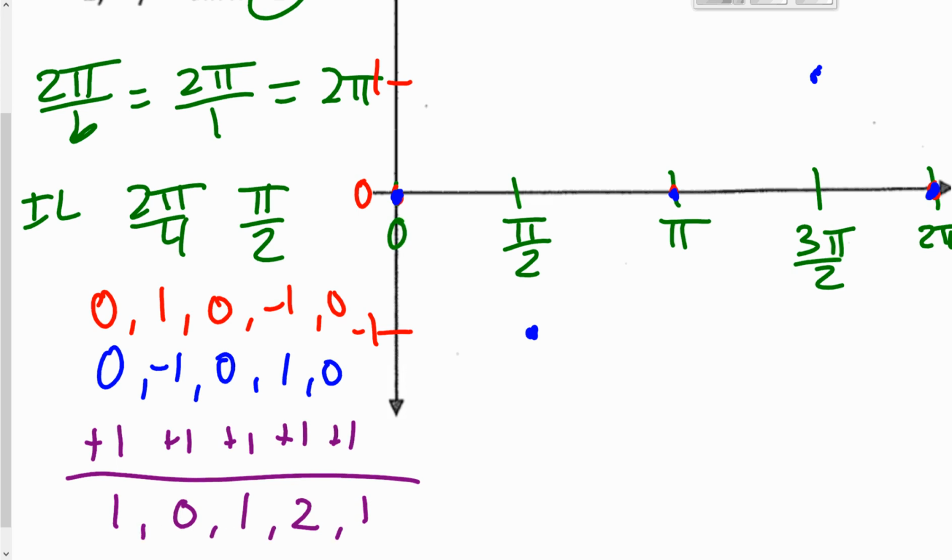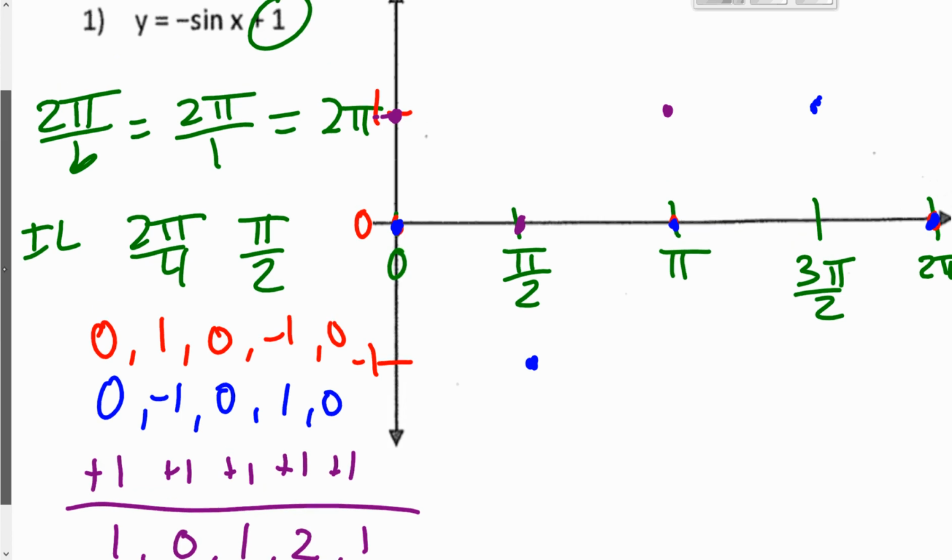Okay, so I'm going to go 1. Oops, my point right here. I'm going to go 0. I'm going to go back to 1. And then I'm going to go to 2, so I need to go up to 2.